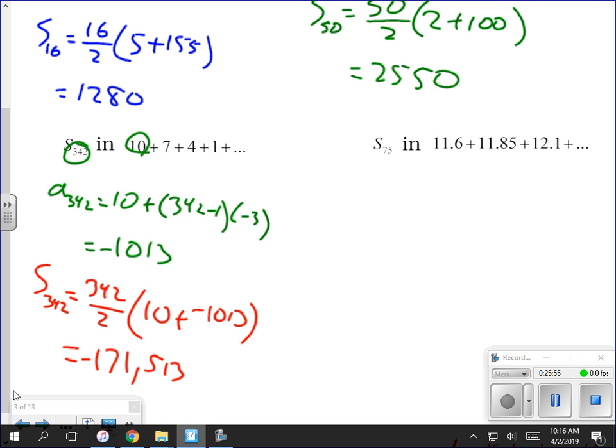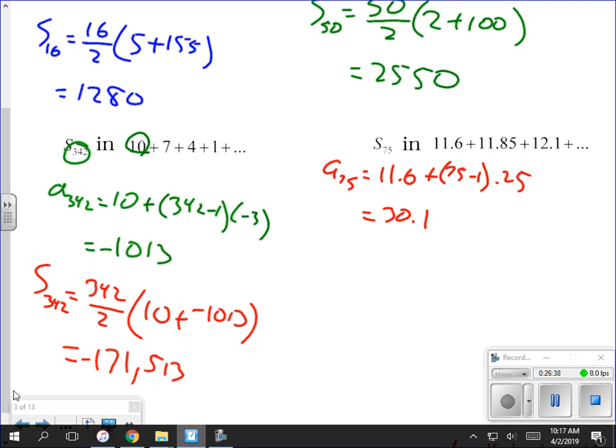Okay. So next one, I need to figure out what my 75th term is. My first term is 11.6 plus 75 minus 1 times d, which is 0.25. So my last number in my sequence, the 75th one, is 30.1.